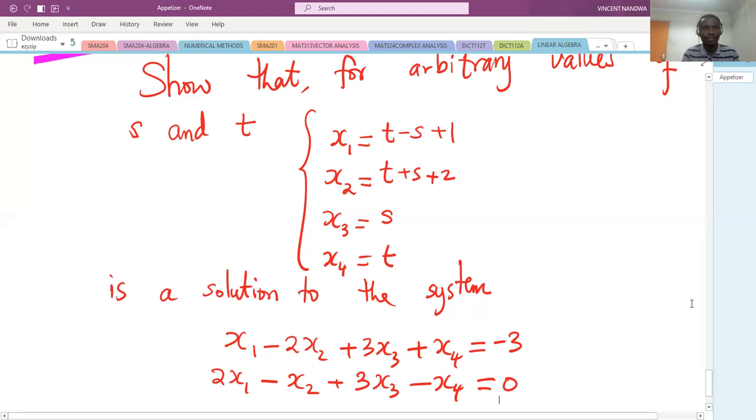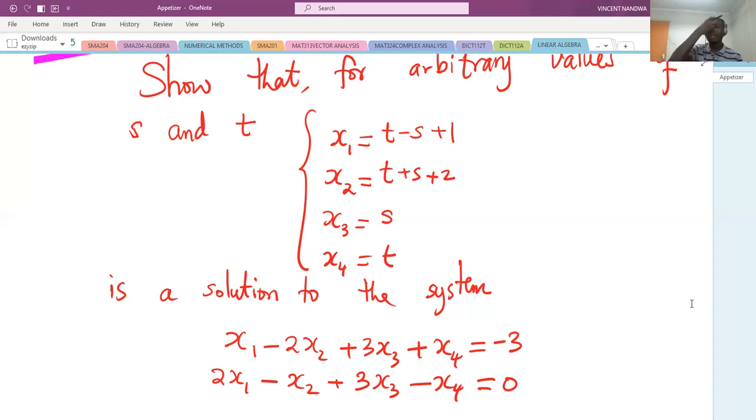Now, if you remember how we defined in the previous lecture a solution to a system of linear equations, we say that it's a set of values x1 equals s1, x2 equals s2, x3 equals s3 up to xn equals sn, which when you substitute into the system of linear equations that you have, then every equation is satisfied or every equation holds.